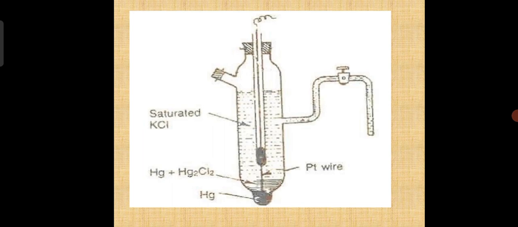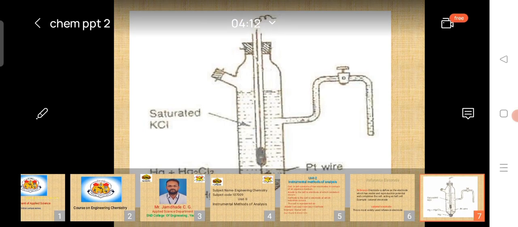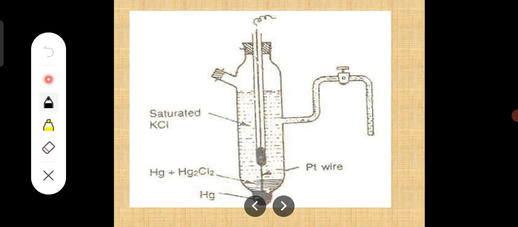It consists of a narrow glass tube. At the bottom of the glass tube is liquid mercury.